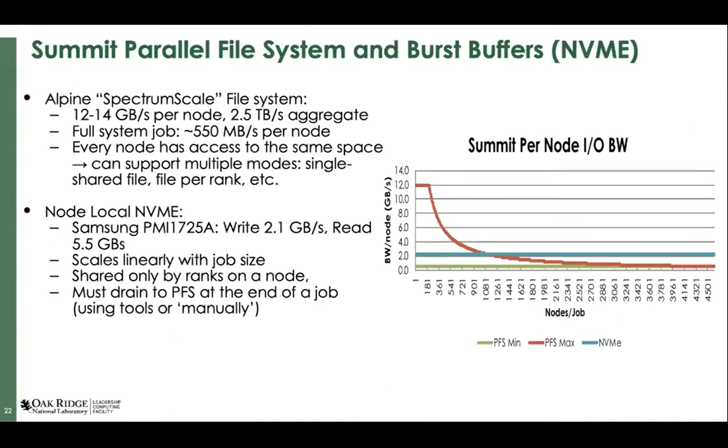Coming to the Summit parallel file system and burst buffers, Summit is connected to the IBM Spectrum Scale file system, which provides 250 petabytes of storage capacity with a peak write speed of 2.5 terabytes per second.